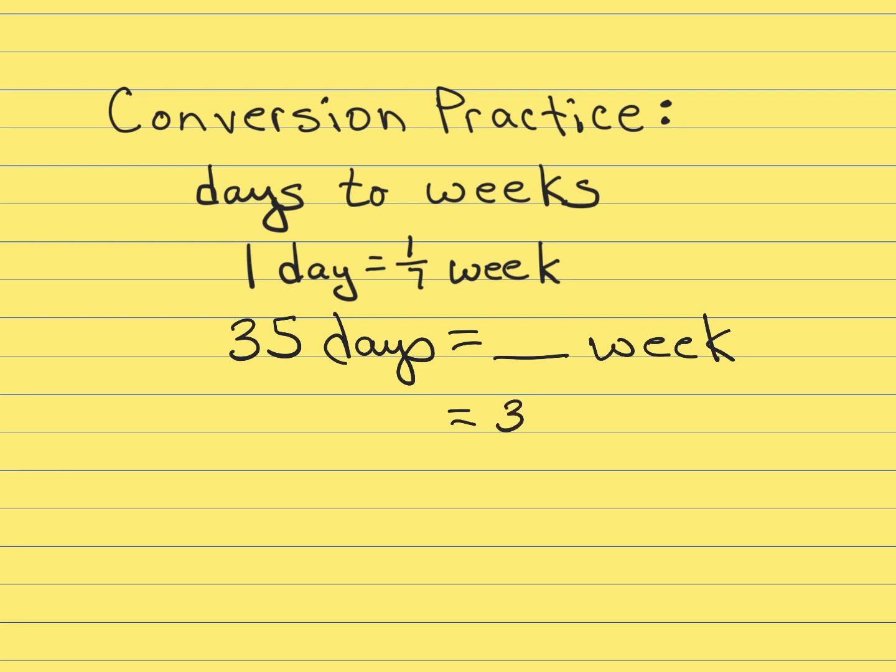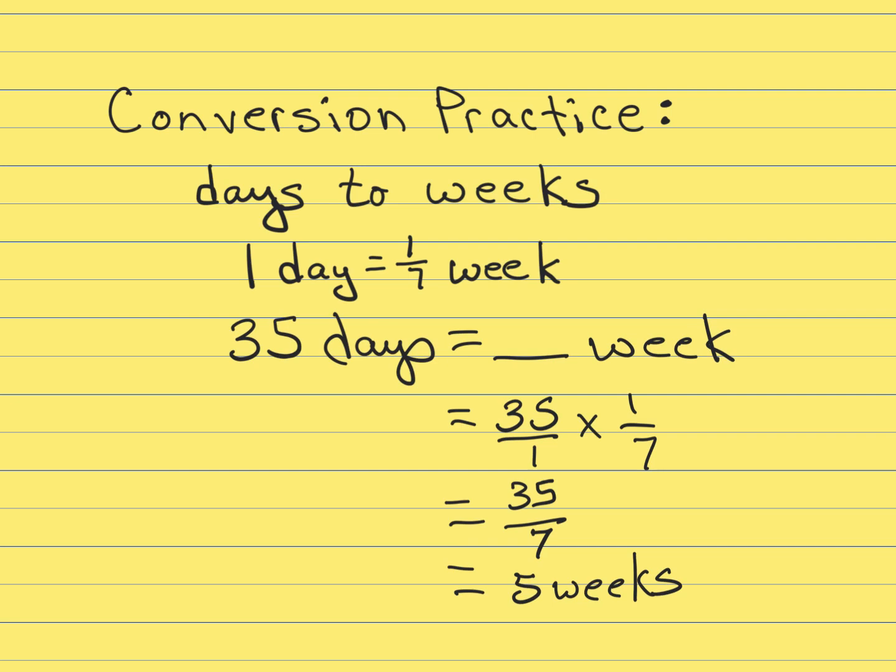So 35, remember we can make that into a fraction like that, times 1/7, it would equal 35 over 7, which would equal 5 weeks. Okay, so that's days to weeks.